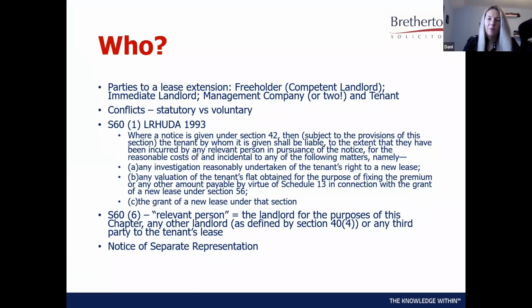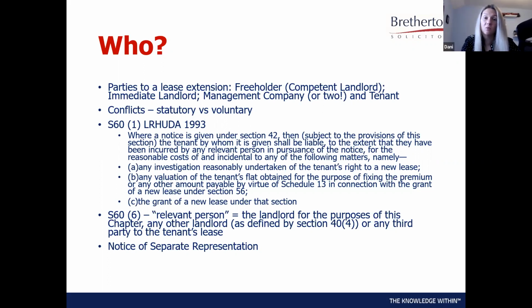So who are we looking at when we're talking about a lease extension? There can be many different parties involved. The more straightforward, simple matters would probably just have a landlord and a tenant. In practice, that doesn't happen too often. Sometimes you can also have a management company involved if there's a third party to the lease.